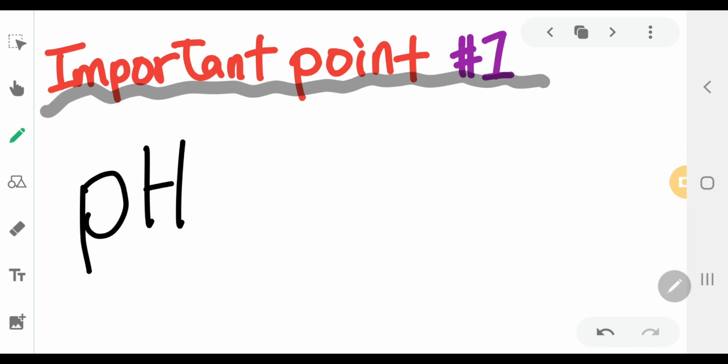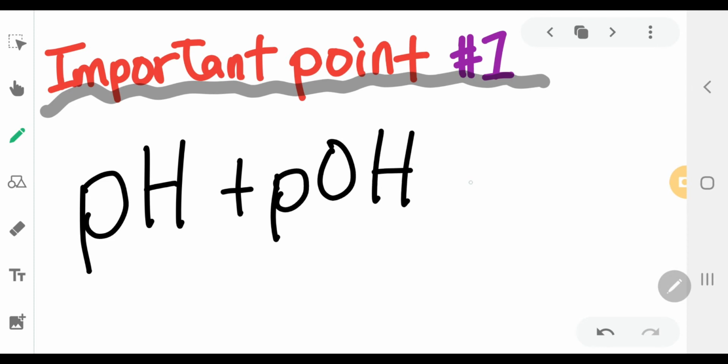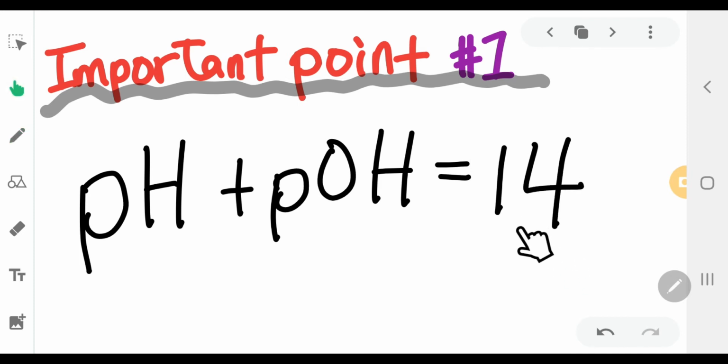pH, when you add that with the value of pOH of a solution, it will be equal to 14.